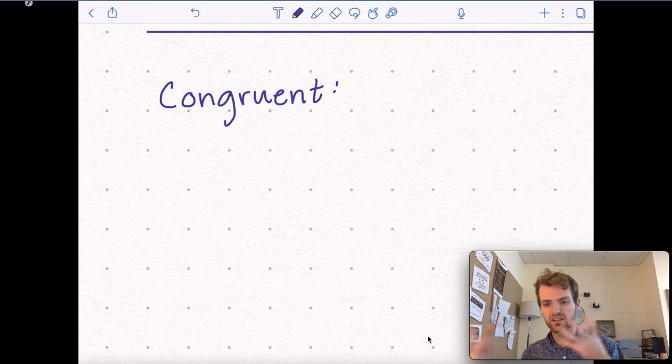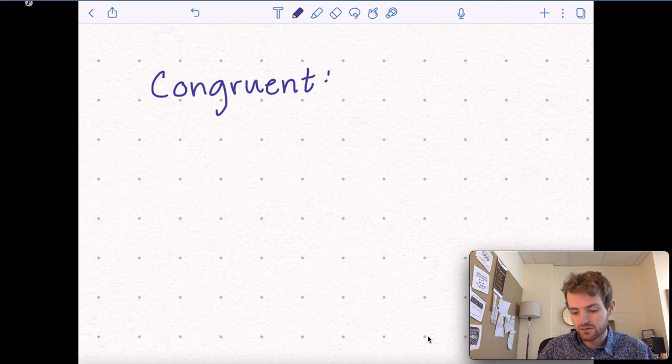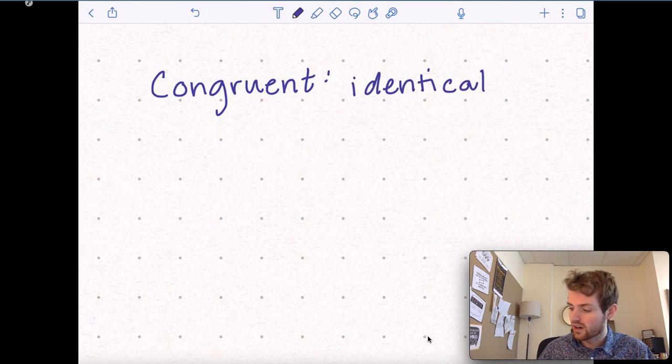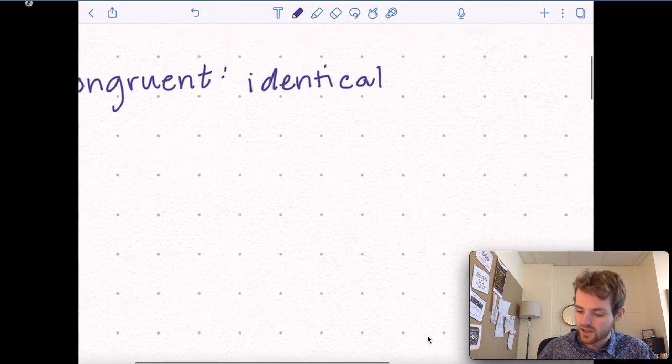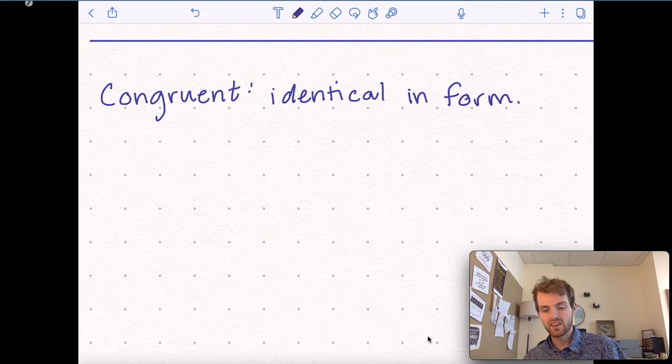Congruent means that we're dealing with the same thing, same size and shape. Yes, that's all exactly true. Today I'm just going to write it as congruent means that we have at least two things that are identical in form. They're the same.